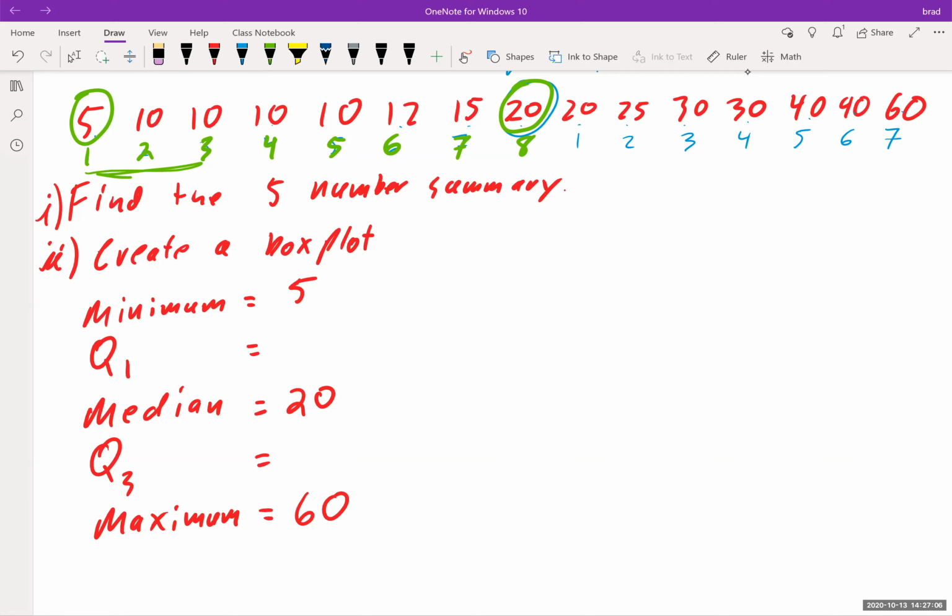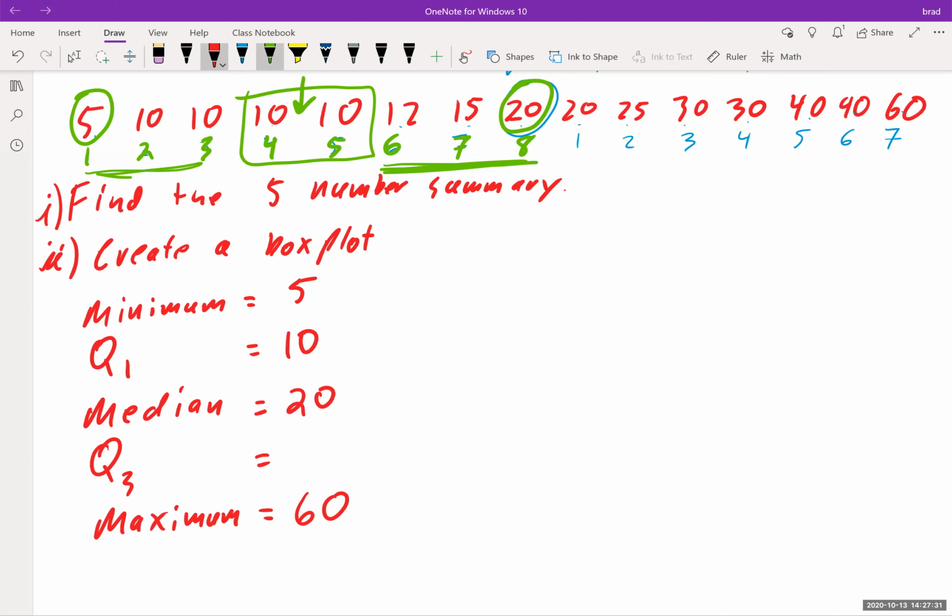Oops, sorry. 3 here, right? And then these 2 numbers, we're going to average them out and find what's in the middle. What's this middle number right here between the 2 of them? Well, luckily for us, the middle value of 10 and 10 is just 10. So I'm going to say that quartile 1 is 10, okay? So technically I would have done 10 plus 10 and then divided it by 2, which would have been 20 divided by 2, which is 10.